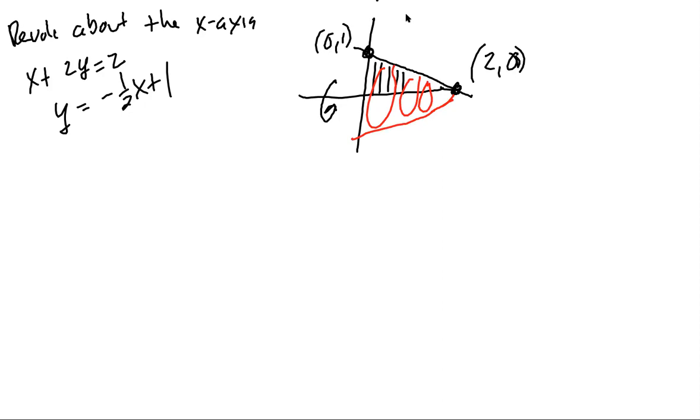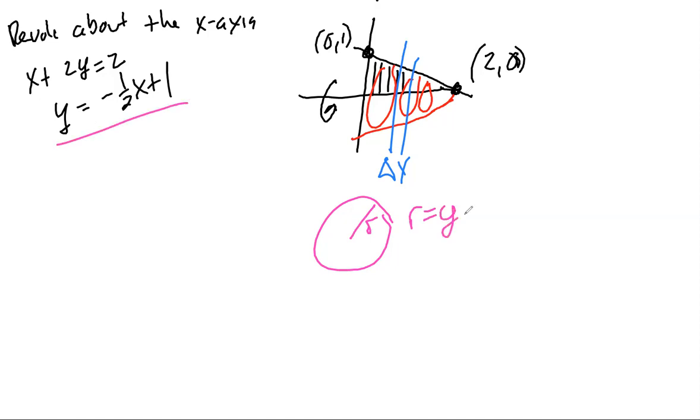So if we take a typical cross section of this, that's a little delta x. If we look at it on its side, it's going to look like this, where we have a radius r. That radius r is really a height. R equals a y value. And y from this right here equals negative 1/2 x plus 1. So that's the radius. Now, really, there's always a thickness.